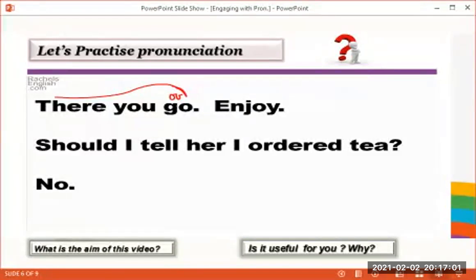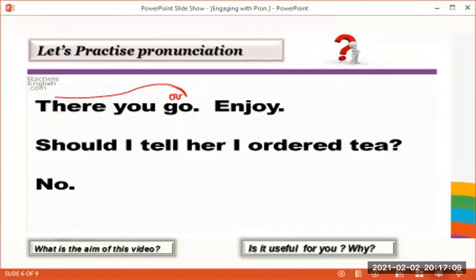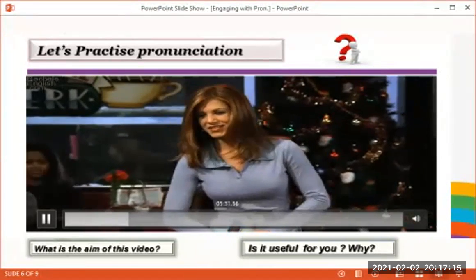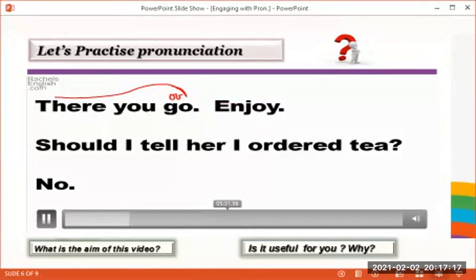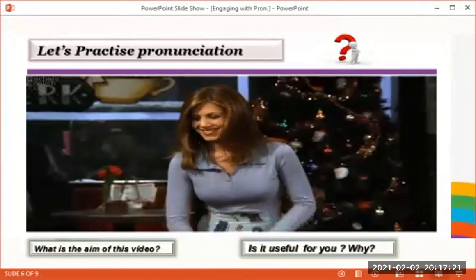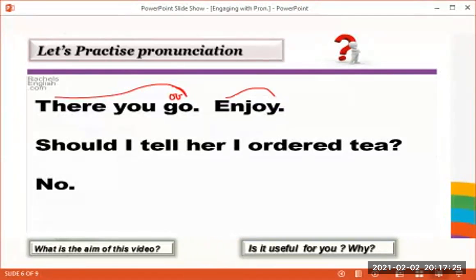You'll listen to it 3 times, then there will be a little pause for you to try it. There you go. Enjoy. Second syllable stress. Enjoy.